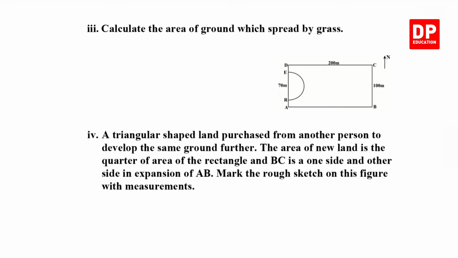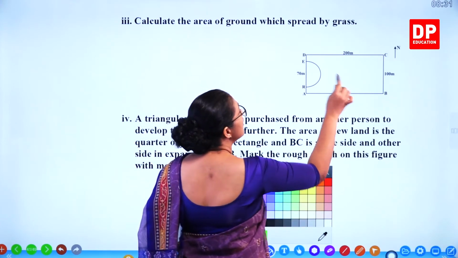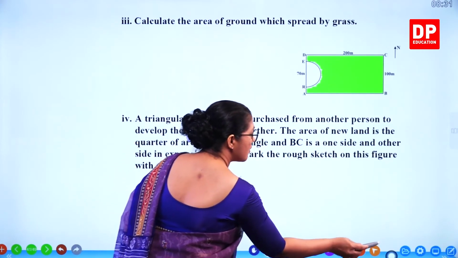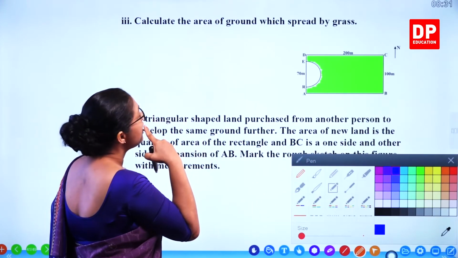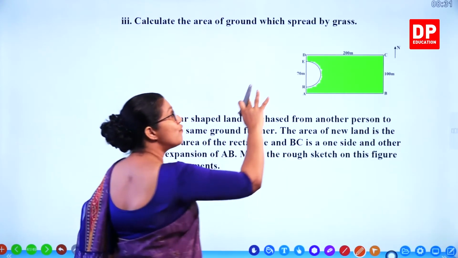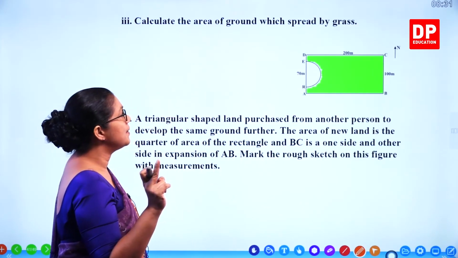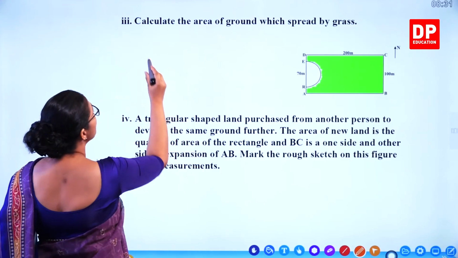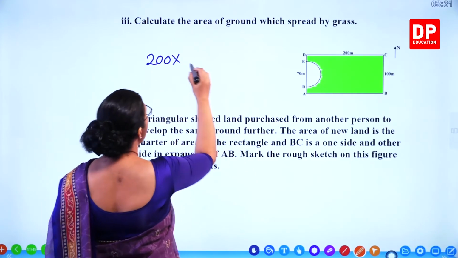Calculate the area of ground which spread by grass. So we know that this is the grass. Now we'll find out the area. So how you find out the area? Full area minus the area of the semicircle. Full area. So 200 times the width is 100.